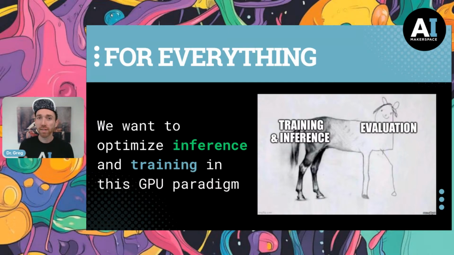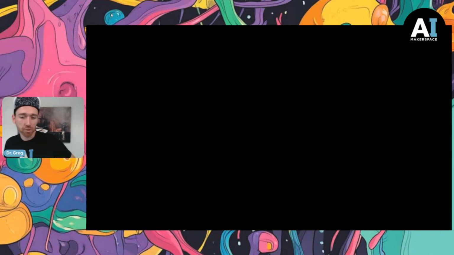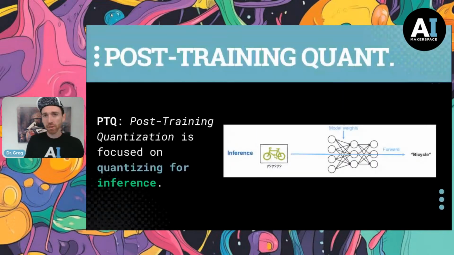We're focused on inference because most of us aren't training our own models. We're pulling them off the shelf. We're maybe messing with them a little bit, including quantizing, and then we're trying to ship them into an application that's going to get in the hands of real users. So this is the general arena we find ourselves in.